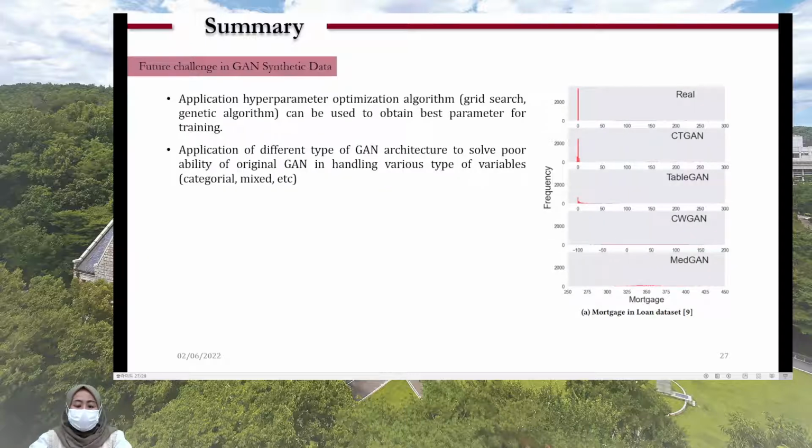And for future study of GAN synthetic data, a hyperparameter optimization algorithm, for example grid search or genetic algorithm, can be used to obtain the best parameters for the training. Also, different types of GAN architecture can be applied to solve the poor ability of the original GAN in handling various types of variables, for example categorical or mixed variables, to get better generated data.